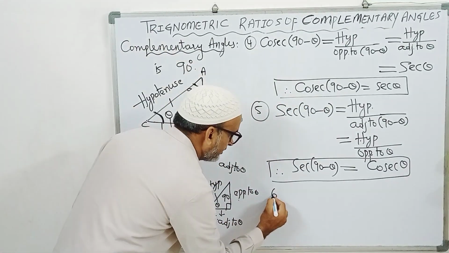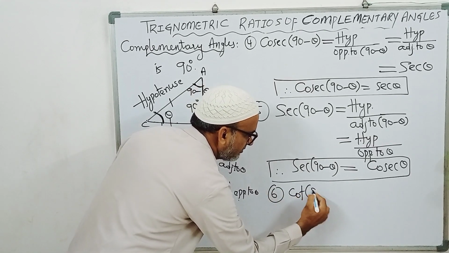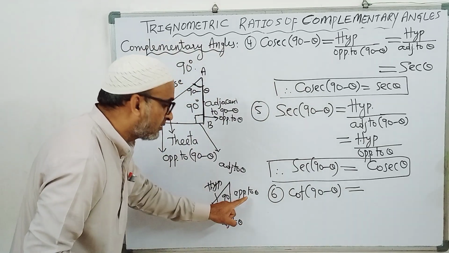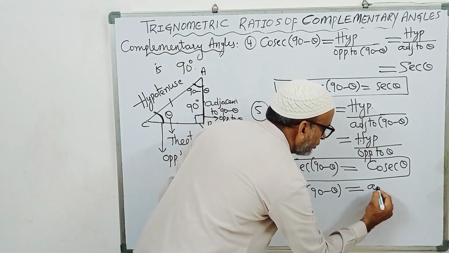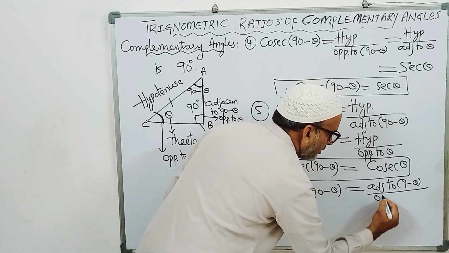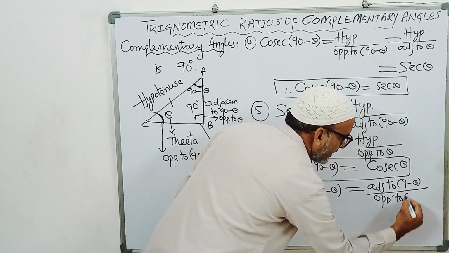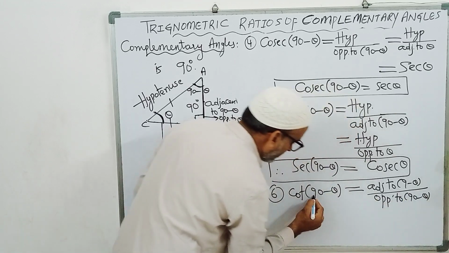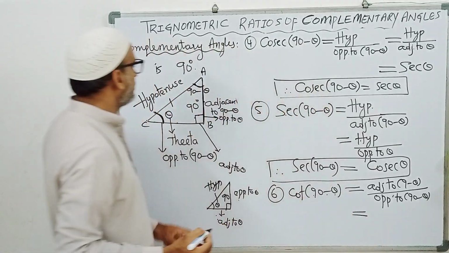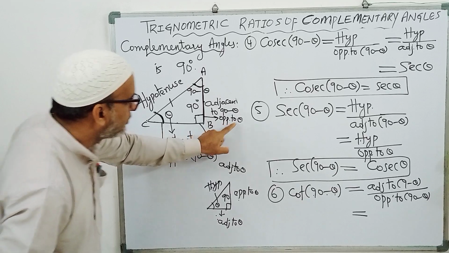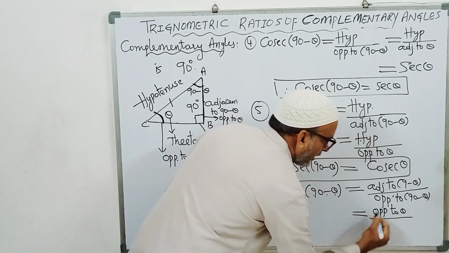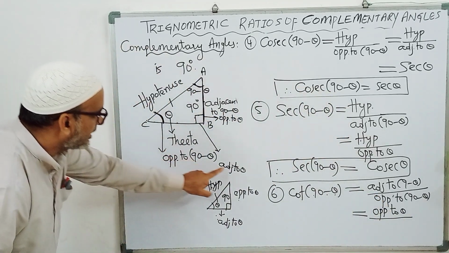Next is the sixth one, cot of 90 minus theta. Cot's ratio is adjacent by opposite, means adjacent to 90 minus theta by opposite to 90 minus theta. Adjacent to 90 minus theta is opposite to theta, and opposite to 90 minus theta is adjacent to theta.